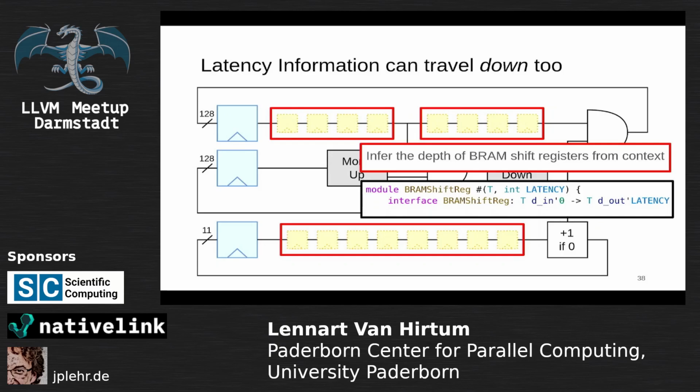And if we know what kind of latency we would want to have on this line, the assumption being we want to grow the submodule as big as possible without affecting the latency counts of the supermodule, then we can infer that this submodule should have, in this case, a latency of 8. And so we don't actually need to update the parameters of this module. We can just have it be inferred from the context. So that is why we would want to mark a module explicitly with the latency counts that it has.